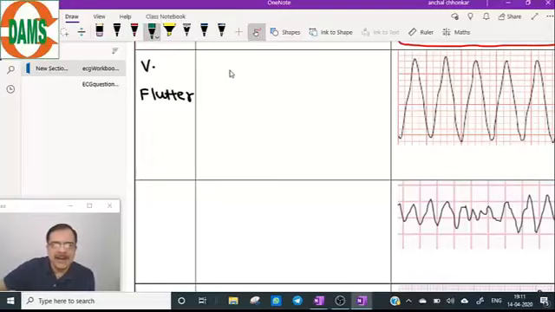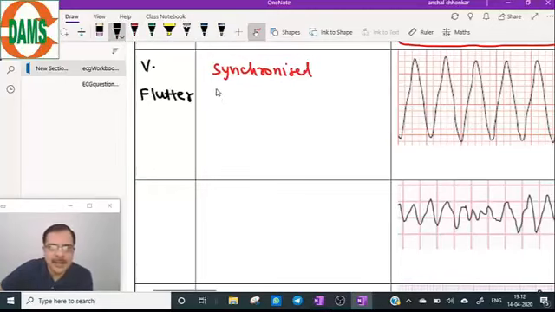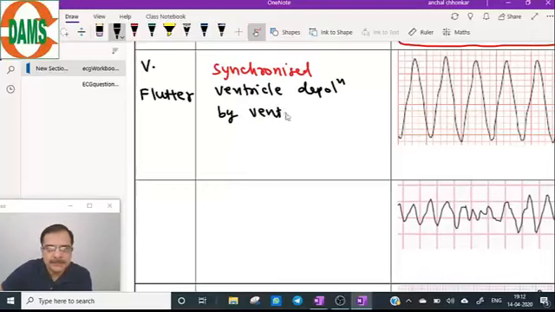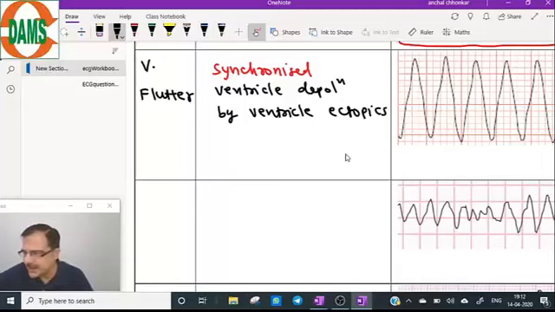Now ventricle flutter. Ventricle flutter means there is a synchronized ventricle depolarization by ventricle ectopics. Synchronized ventricle depolarization.